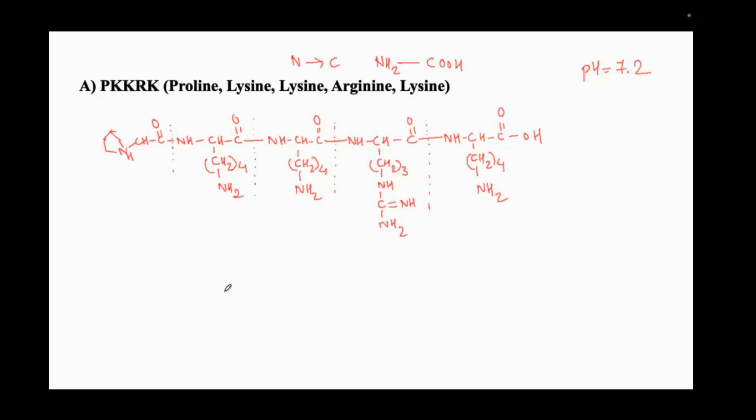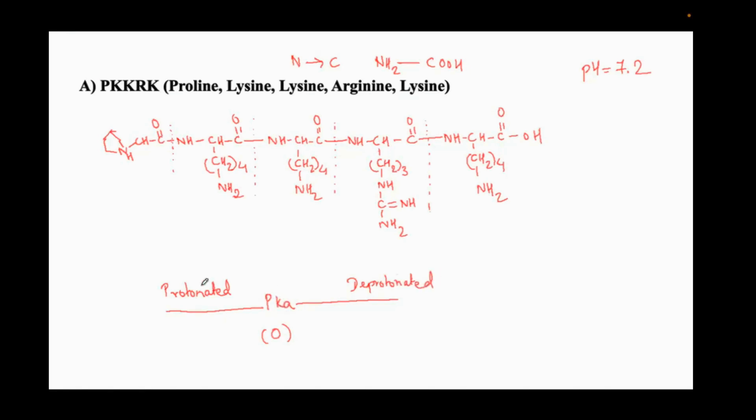So to determine the charge, this is the thumb rule which we follow: on the pH scale, the values which lie below pKa will always be protonated, and the values of pH which are above pKa will be deprotonated.